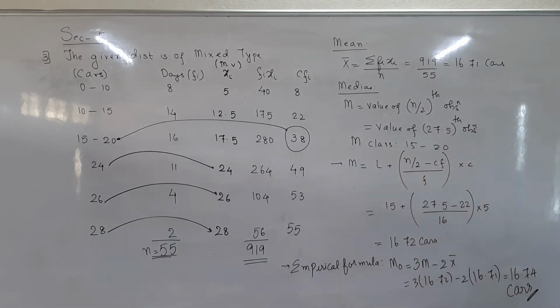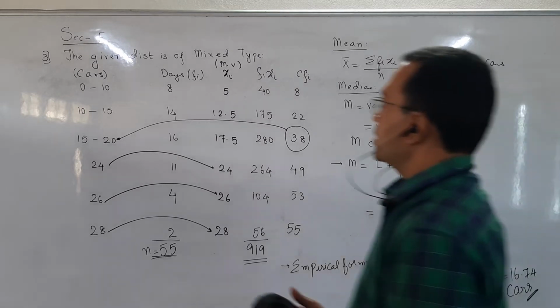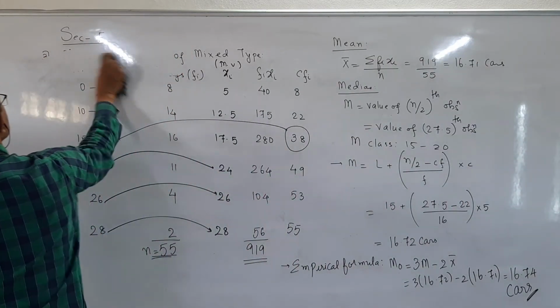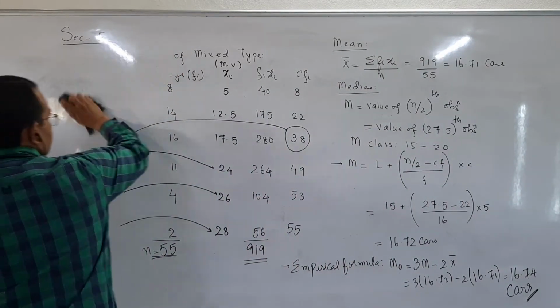So mode using the empirical formula is 16.74 cars. Okay, students, let us do sum number 4.